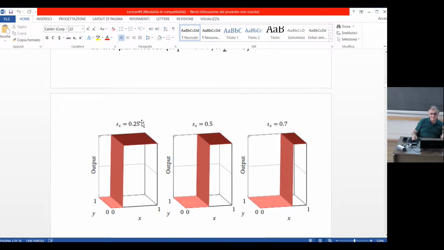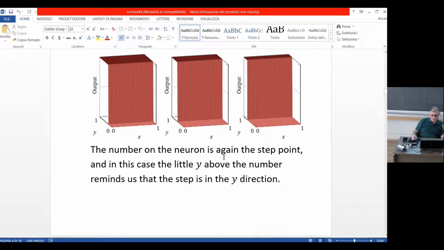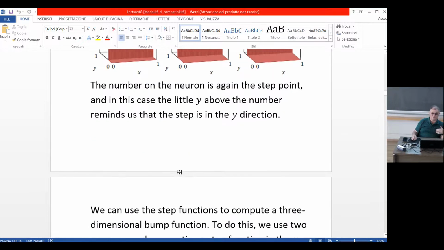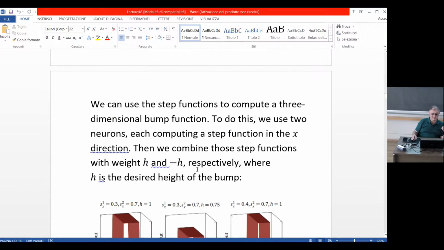So we have in this direction a step function and in this direction a step function, in the x direction and in the y direction.